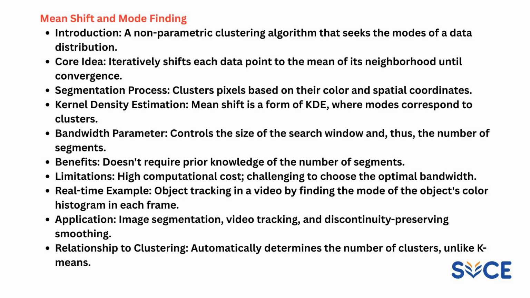A large bandwidth means a big window, which can lead to under-segmentation, that is, too few overly large segments. So choosing the right bandwidth is a key challenge, but it is essential for getting good results.